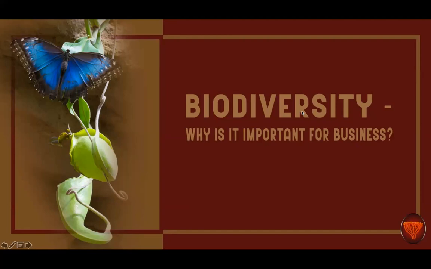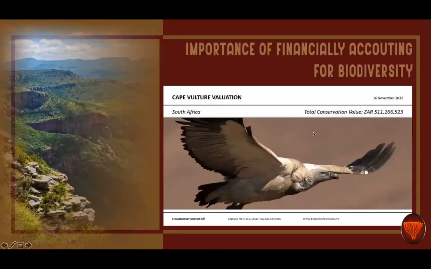And a prime example of this intricate relationship is actually the vulture. This is a valuation that we did for a partner NGO who works specifically with vultures. We did a species valuation of the South African Cape vulture, which is a heavily poached and poisoned species.